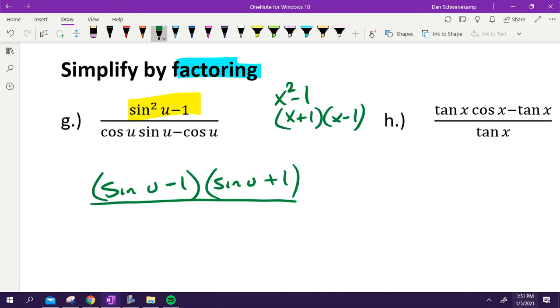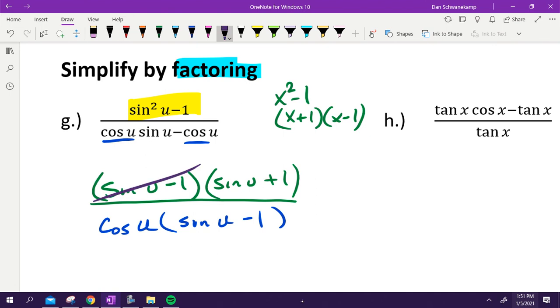What about on bottom? What kind of factoring can I do on bottom? Everything's got a cosine in it. So if everything's got a cosine in it, I can factor it out. If I factor out a cosine, what would I be left with? Sine u minus 1. Anything we could do to simplify?